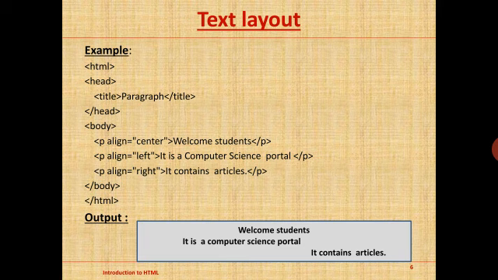Second paragraph, computer science portal, appears left aligned. Third paragraph, contains articles, appears as right aligned.